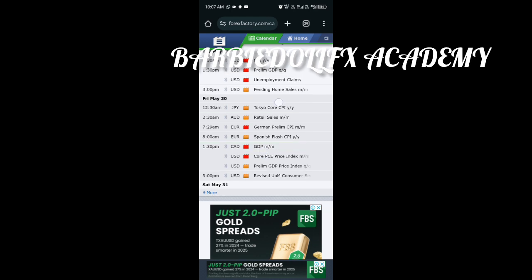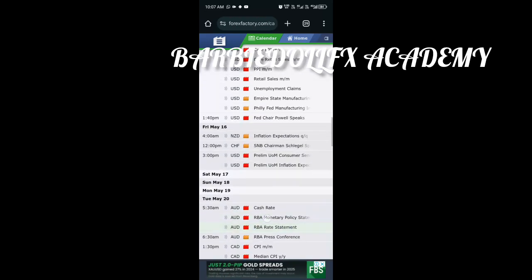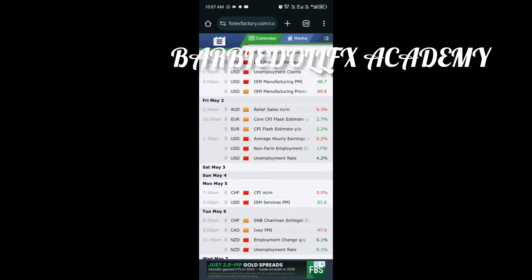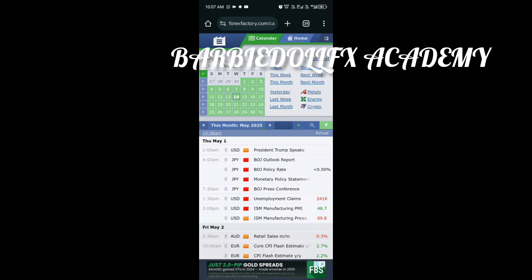You see all the news, and as you're seeing them, you see that there are different colors. I've set mine for just this orange color and red color. If you open your Forex Factory, you will see different colors.